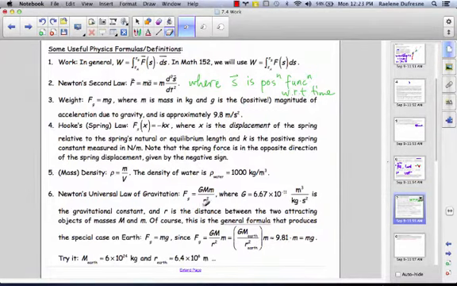So if we use the general formula and we use the constant G given here, with capital M as the mass of the Earth, which I've given here, and then little m being the mass of whatever object you are interested in determining the weight of. Also, we need the distance separating the two objects, the Earth and the object, and that distance would be the radius of the Earth, which constant is given here.